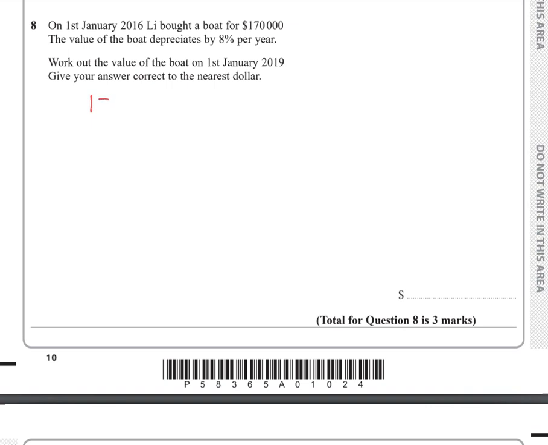So what we need to do is work out 8%. To work out 8%, we're going to divide it by 100, and times by 8. Is 13600, and we're going to take that off.